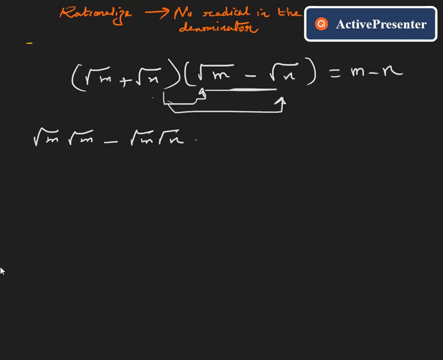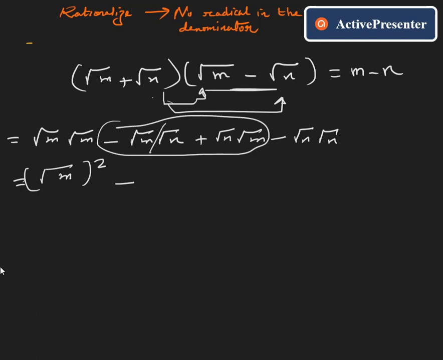So this is equal to plus square root of n multiplying square root of m, minus square root of n times square root of n. This is equal to square root of m squared minus, of course, this 2 will be eliminated, minus square root of n squared. Eventually it will equal m minus n, and we are done.